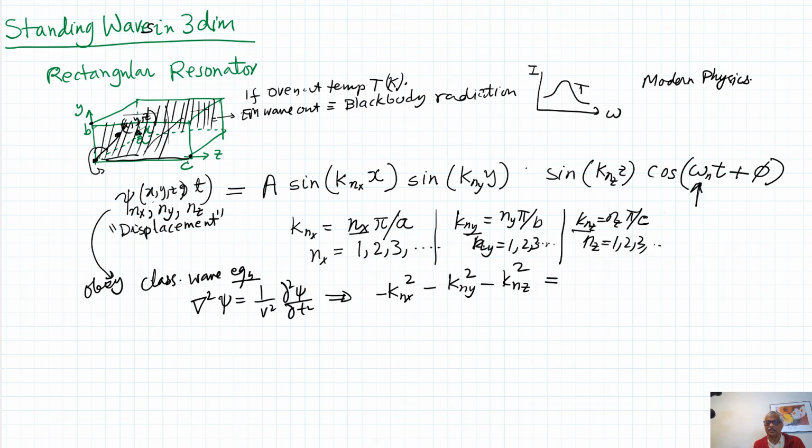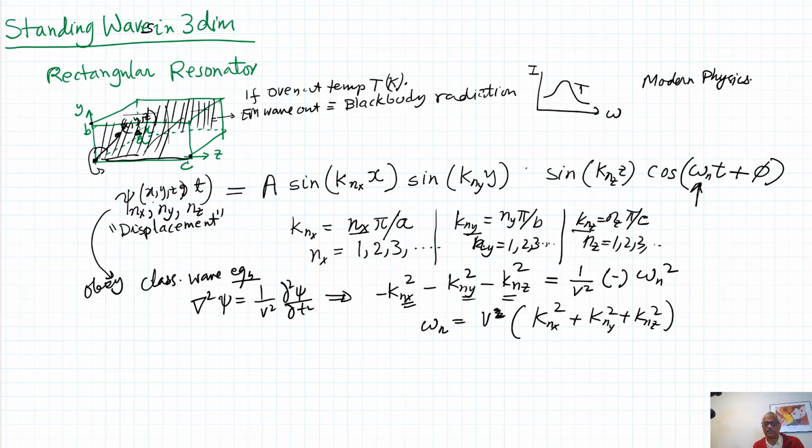On the other side I get 1 over v square times minus omega n square. So the minus signs cancel out, and it's pretty clear that the frequency depends on which mode I am in. So I have v square times k nx square plus k ny square plus k nz square, and then take the square root of both sides.